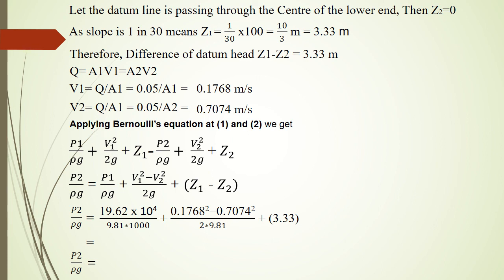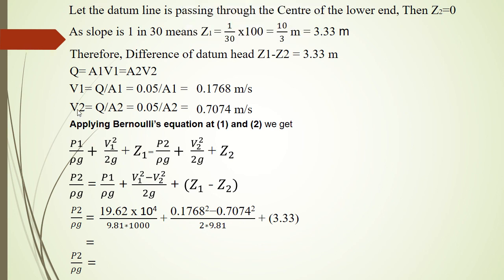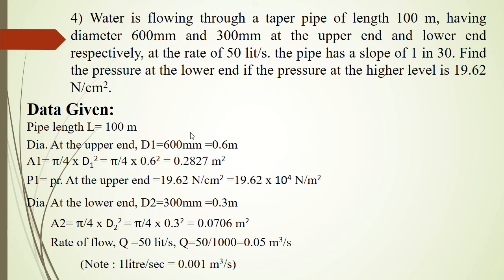Because he has given the discharge as 0.05 and I know what A1 and A2 are, I can find out V1 and V2. To find out V1, it is Q by A1. Q is 0.05. A1 value I know, right? So if you substitute, it is 0.2827.